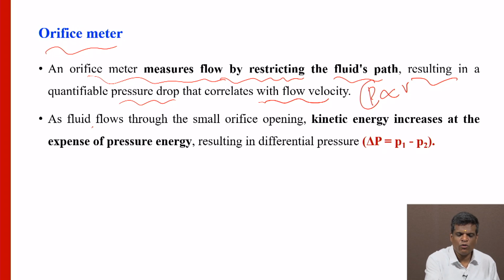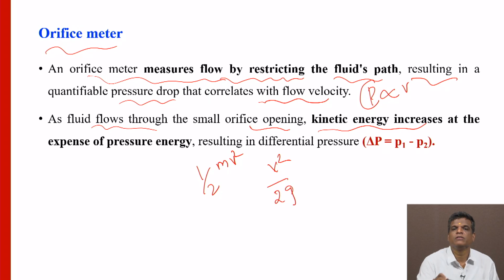As the fluid flows through the small orifice, what is happening in the opening? The kinetic energy increases. What is the kinetic energy? Normally we write kinetic energy as mv square, or we write v square by 2g.